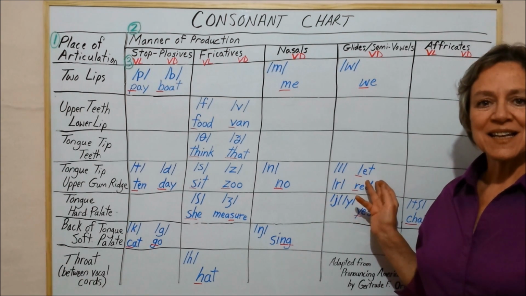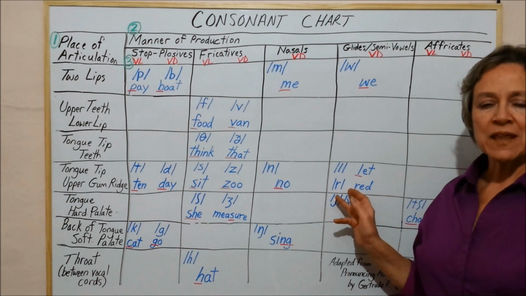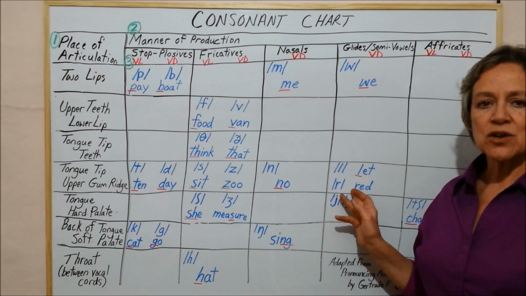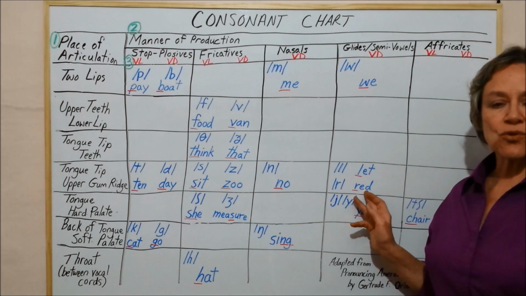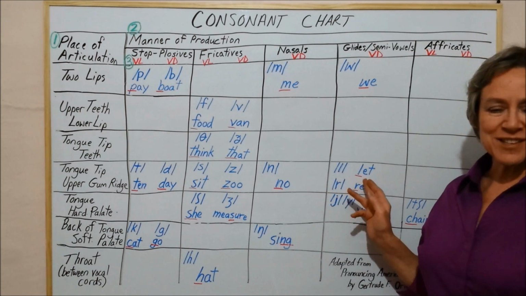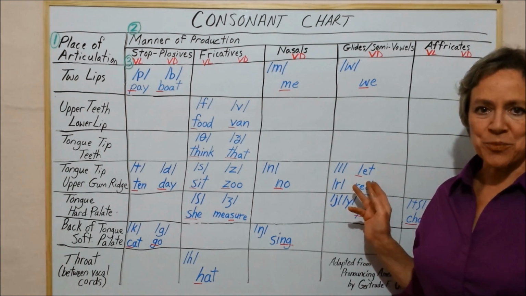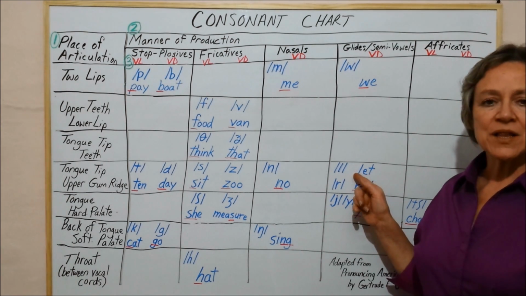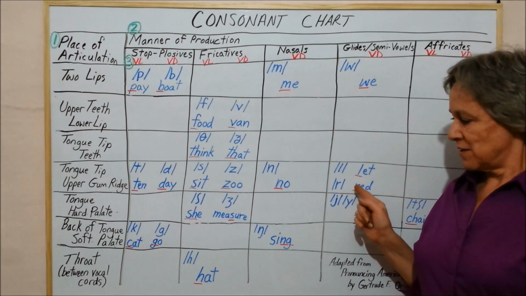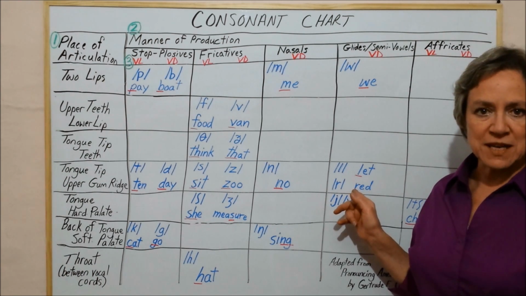Let. And for this sound, the tongue does not touch. Red. I will talk about the differences between these sounds in a later video. But for this sound, the tongue touches the ridge behind my teeth. For this sound, the tongue does not touch the ridge behind my teeth.